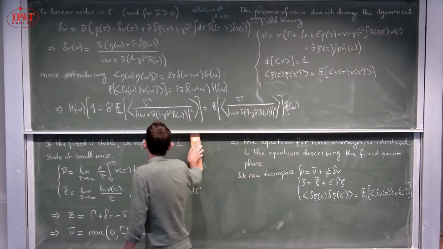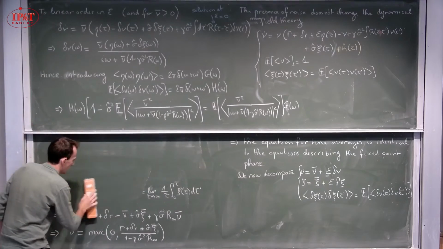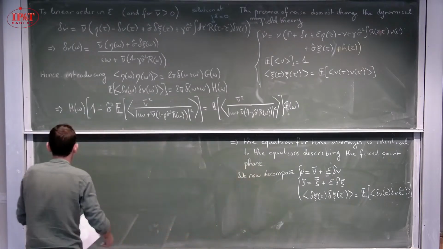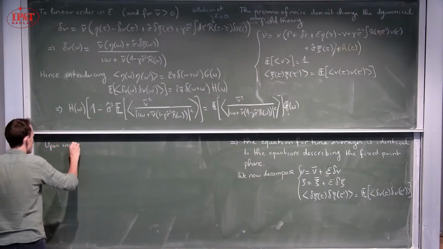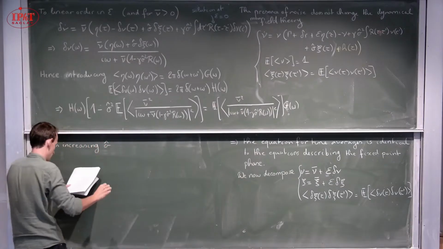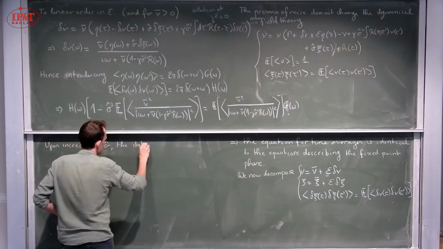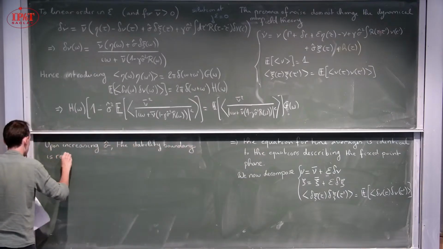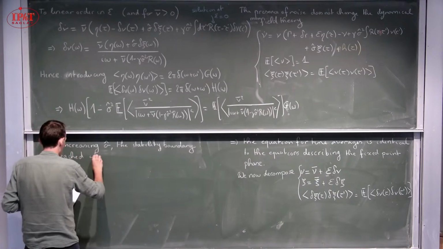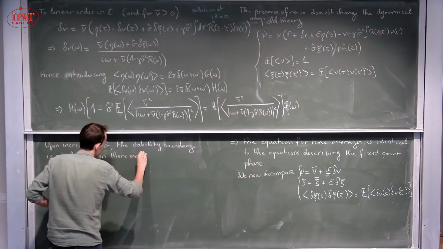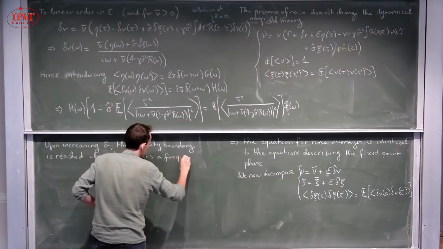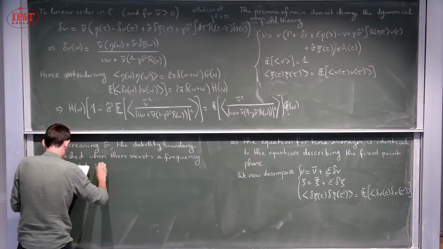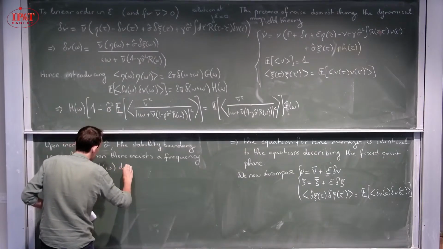And what happens is that upon increasing sigma, the stability boundary is reached when there exists a frequency omega such that h omega diverges.